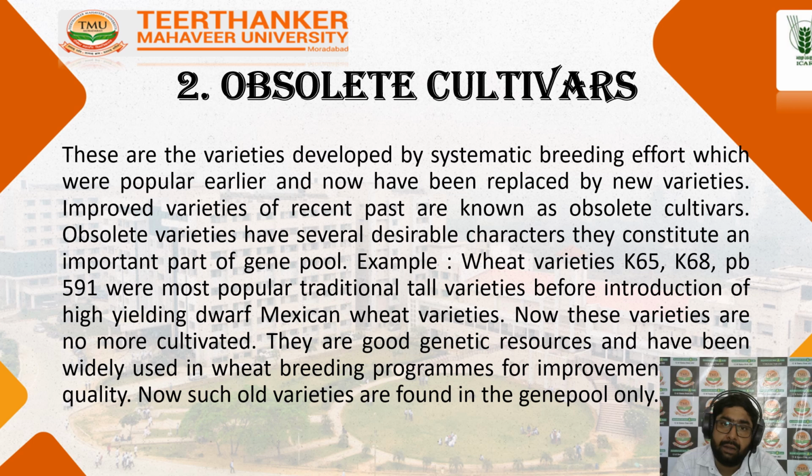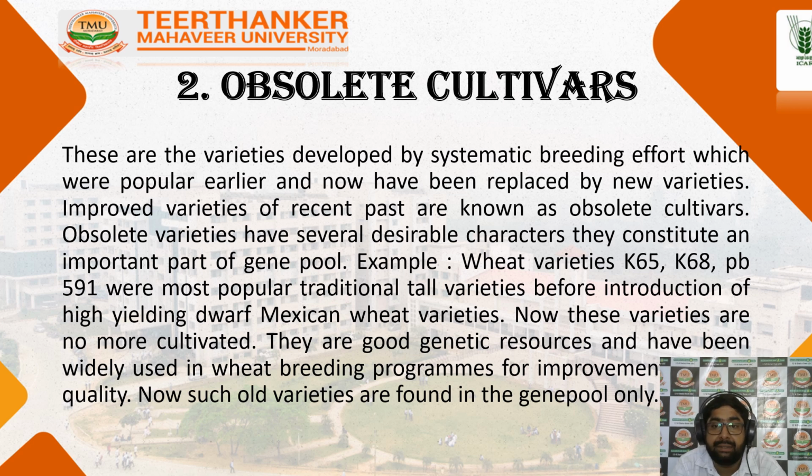Number two, obsolete cultivars. These are varieties developed by systematic breeding efforts by breeders, which were popular earlier and have now been replaced by new, improved, high yielding varieties. Obsolete cultivars have several desirable characters. They constitute an important part of the gene pool.